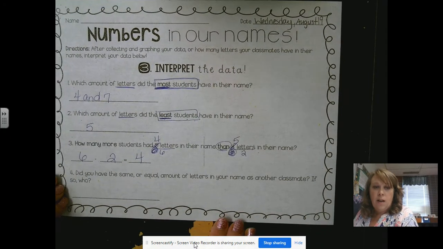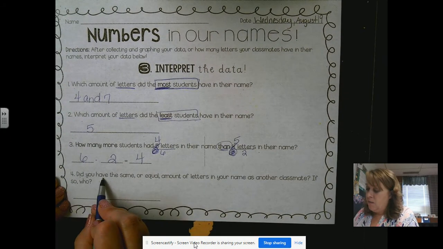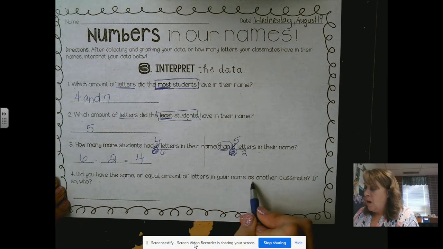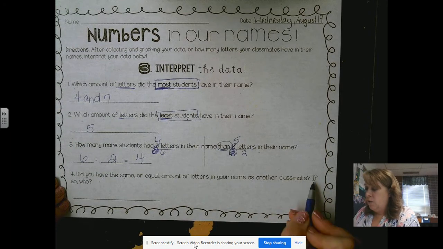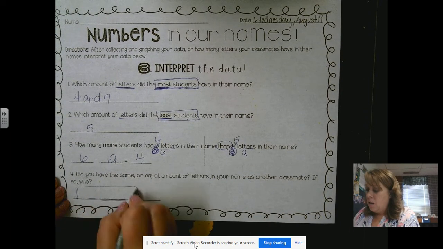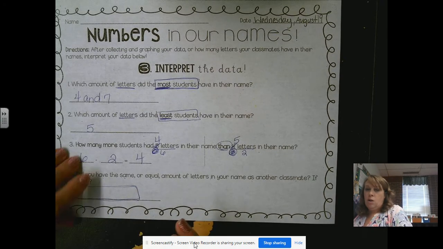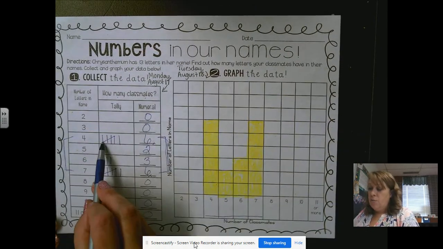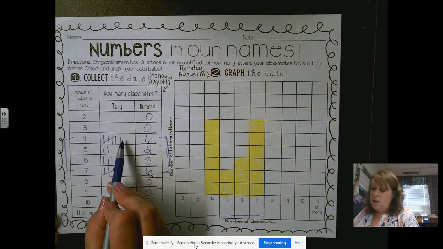All right, and now the last one says, did you have the same or equal amount of letters in your name as another classmate? If so, who? All right, so this is going to be different for everybody, because if you were one of our friends that had 4 letters in your name, then you have 5 other people that you could write down.